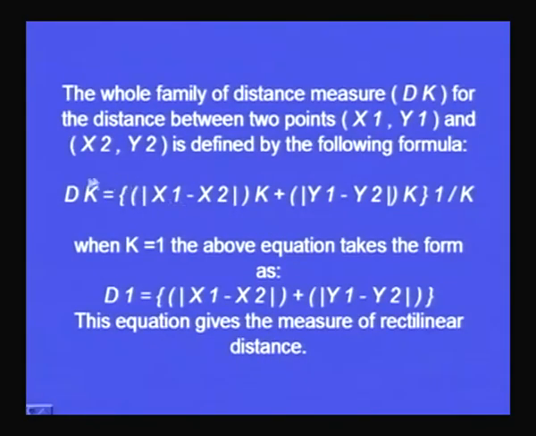So, a generalized equation we have transformed into a specific rectilinear distance equation by putting k is equal to 1.